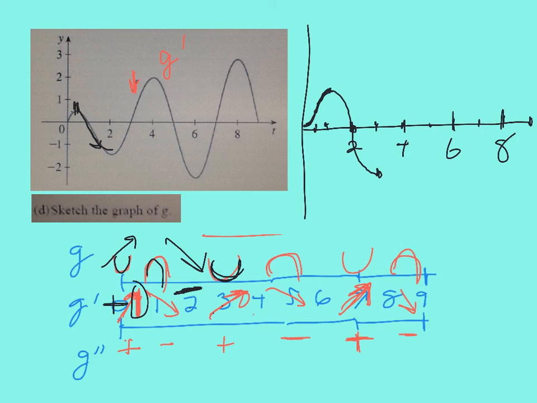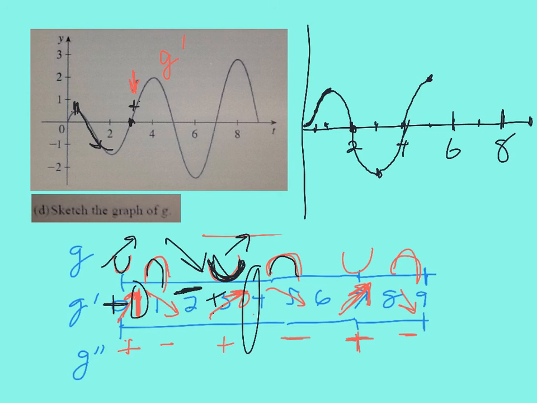Now at 3, our graph G prime is positive, so we're increasing from 3 all the way to 5, we're going up, and at 4, we reach another point of inflection. So we now go to concave down, but we're still increasing until we get to 5. 5, if we go way back, was one of our local maximum values.